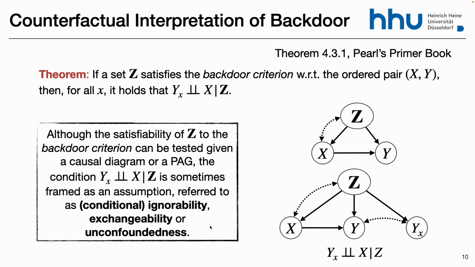So there are different names for the same thing, just to guarantee that Y_x is independent of X given Z. And there are a lot of papers explaining how you can get this set Z to make this work. But a lot of people just write papers saying, as a common assumption in the field, we assume that this holds for some set Z that you just believe is doing it.